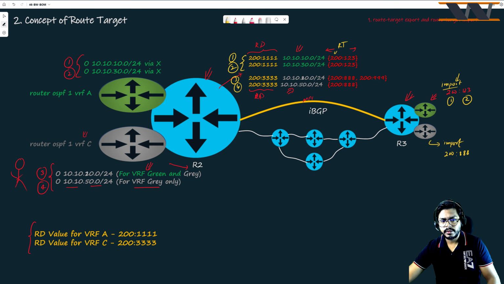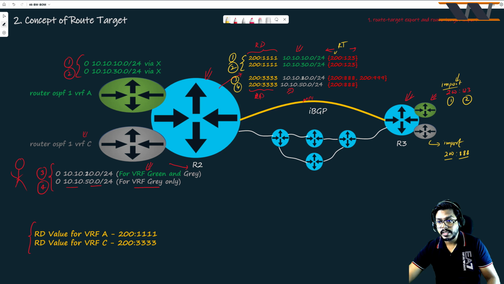right? As soon as I do that, which route is going to be installed here? Whatever route has this RT value 200:888, and by the way guys, I can attach more than one RT value.